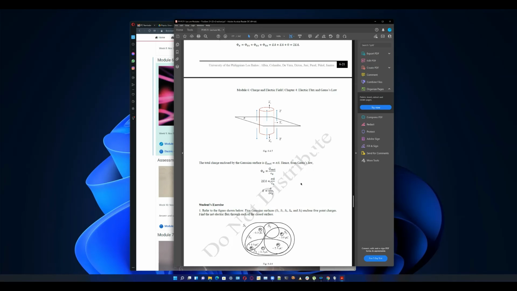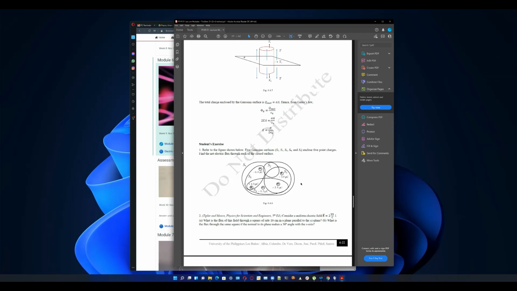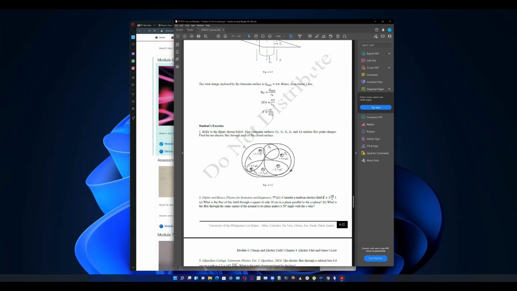So with that, you can now use also Gauss's law, for example, to determine the value of total charge of an area by just enclosing. I-enclose mo lang yung region of space mo, tapos kukumpitin mo yung total charges mo. In this case, meron kang -6, tapos plus 4.